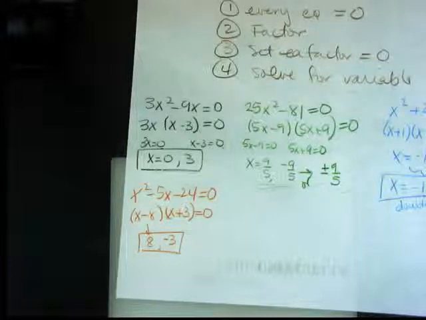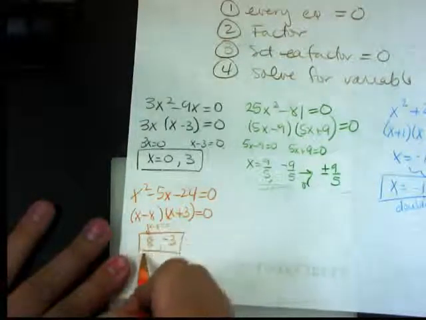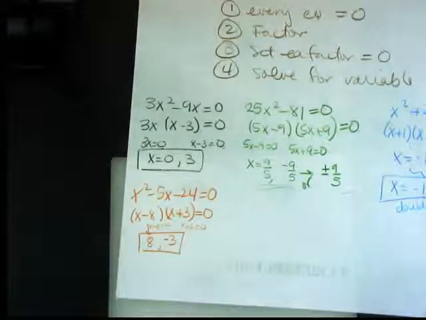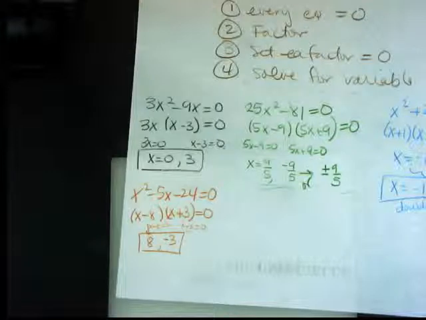If you're unsure, feel free. X minus 8 is 0, add the 8 over. X plus 3 is 0, subtract the 3 over, and you get that same solution. But you do not need to write anymore that separation of factors. You should be fairly confident with it by now.